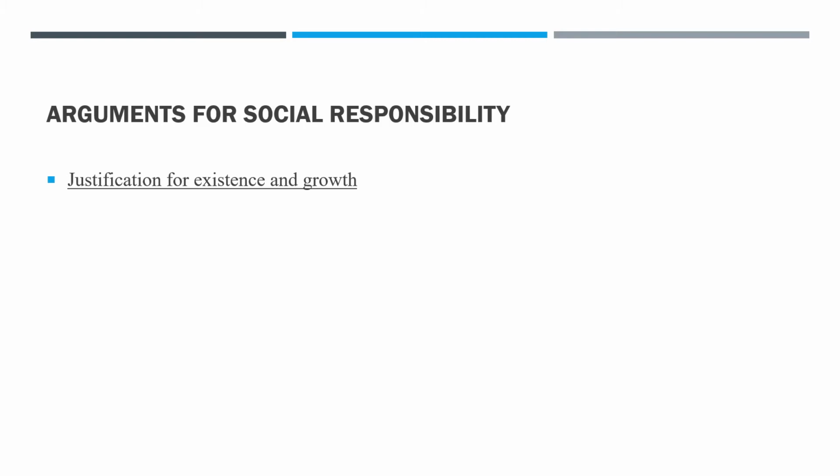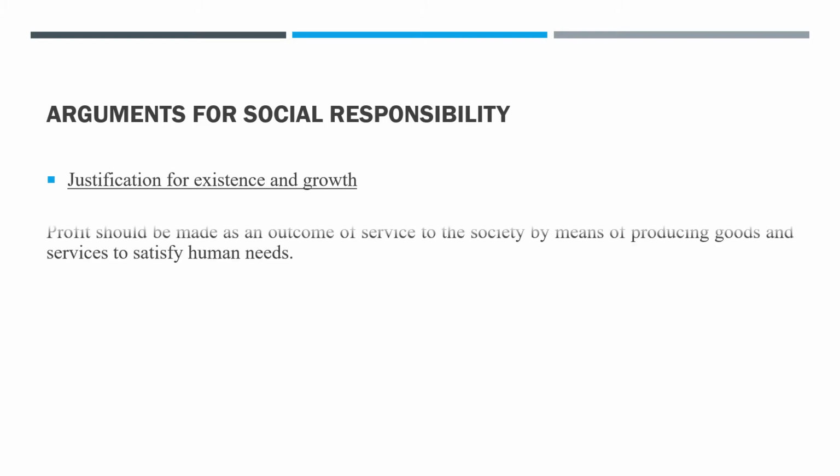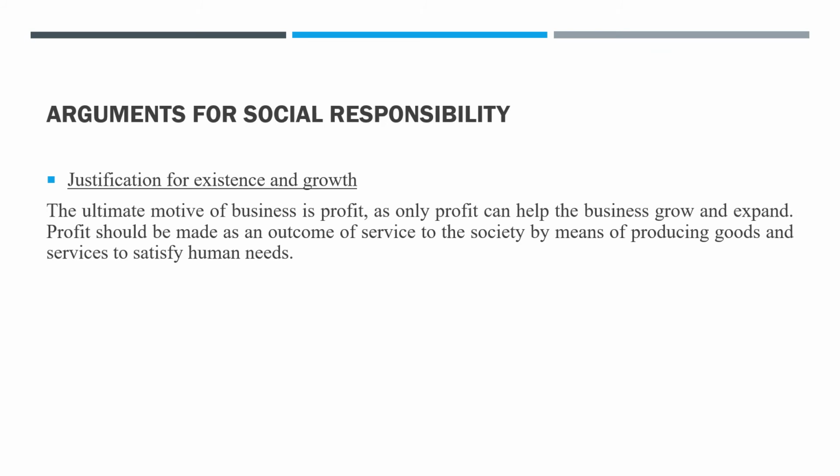So let's see what we can see on our screen. Ultimate motive of business is profit. As only profit can help the business grow and expand, profit should be made as an outcome of service to the society by means of producing goods and services to satisfy human needs.